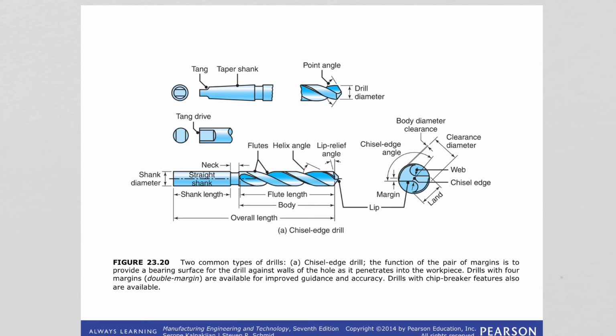Here we are seeing one example of a drill which is called a chisel edge drill, and you see the shank, this portion, and that is where the drill is clamped, and it can be straight or tapered like this one.